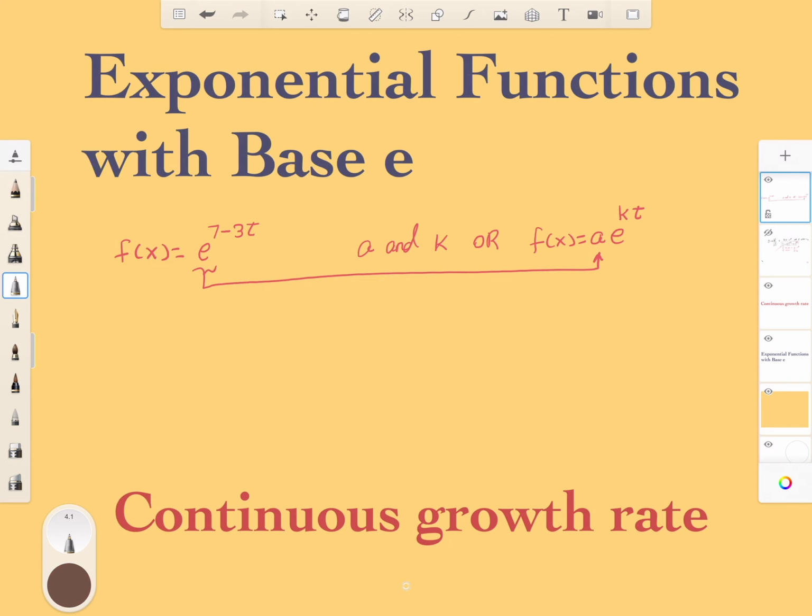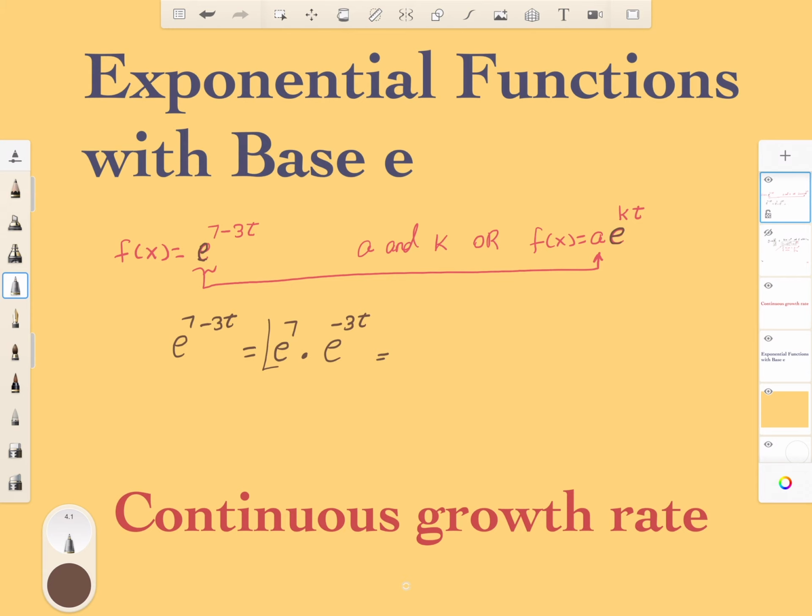The good news is we see e, and our model has e, so we don't need to worry about that. So we have e to the power 7 minus 3t equal to e to the power 7 multiplied by e to the power negative 3t. That's it.